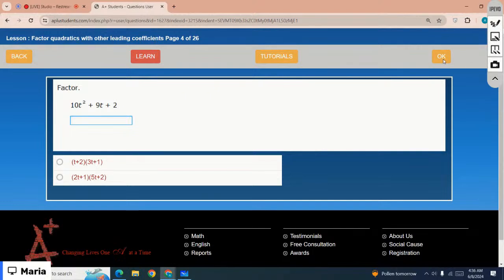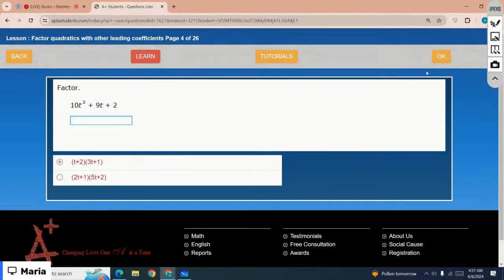10t square plus 9t plus 2. So which is the correct option? That is option number 1.